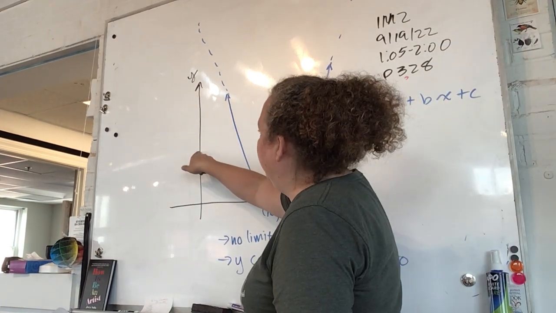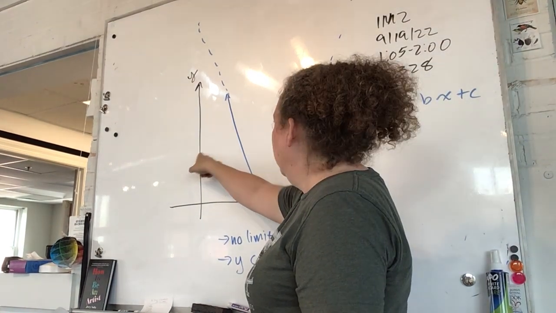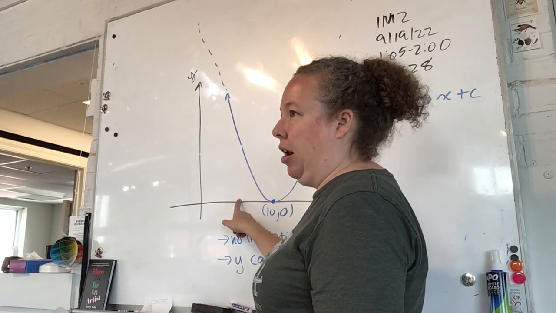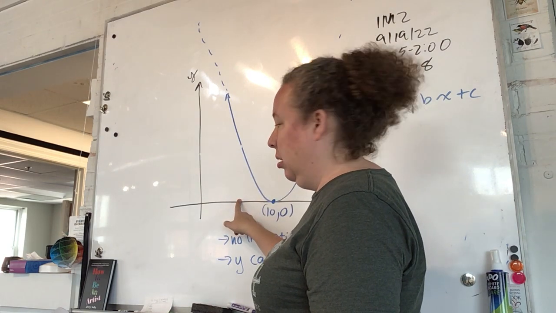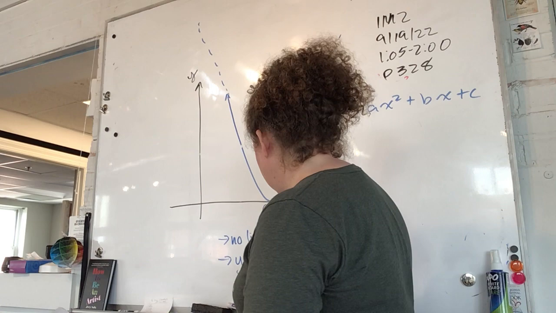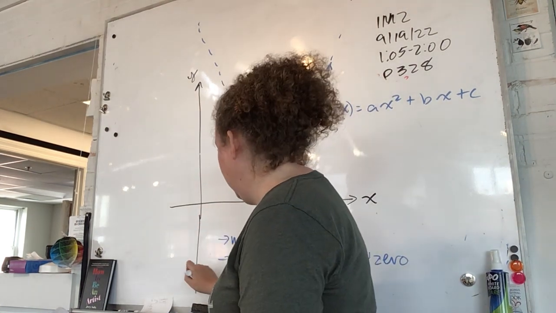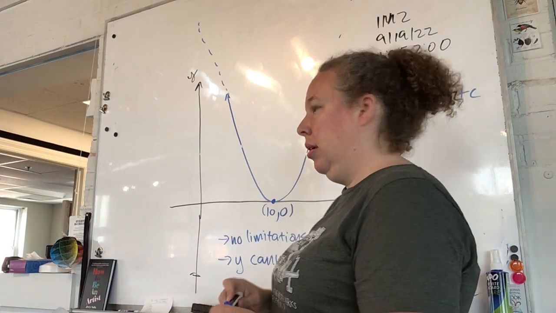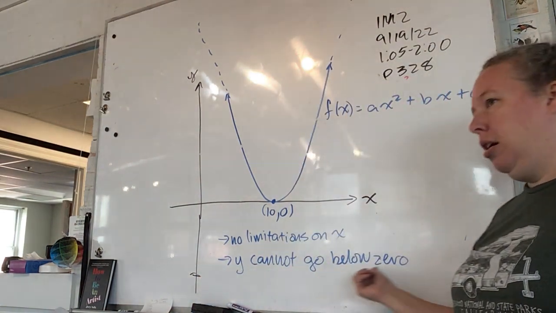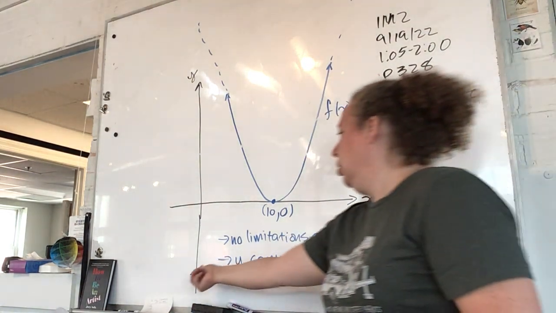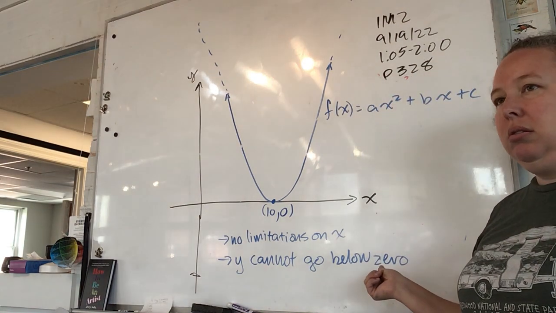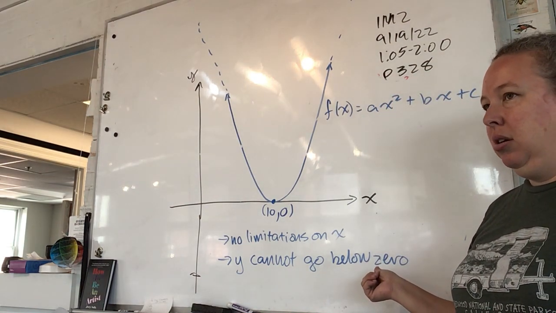For example, if we pick this y, we can go over here and find out what the x is. But let's say that I pick this y, and I try and go over here to connect. There's no x. There isn't any x here.